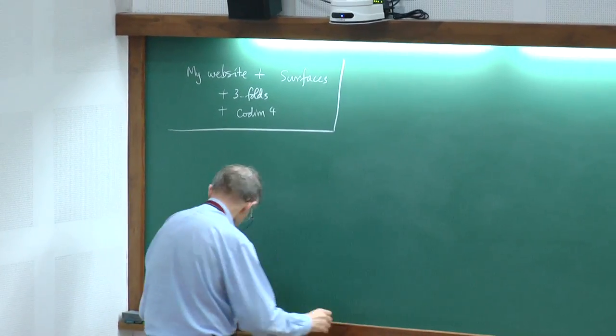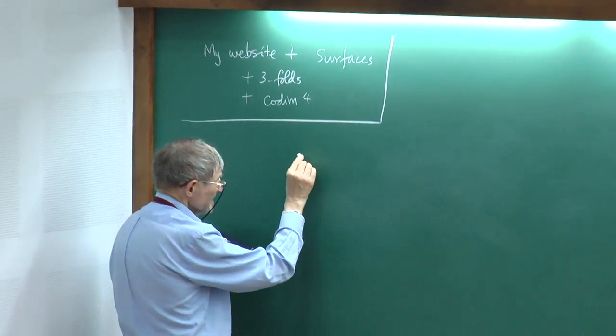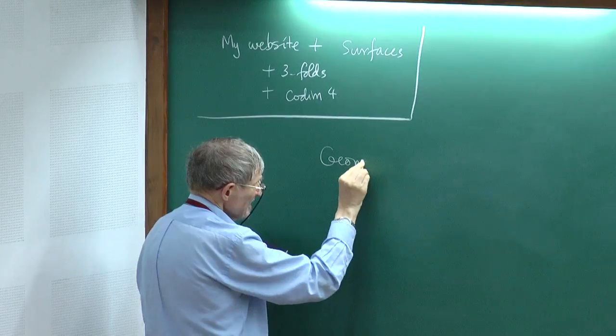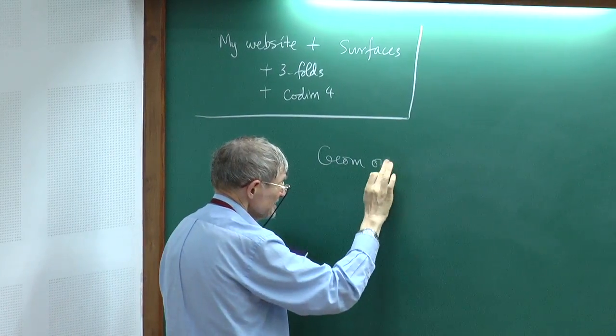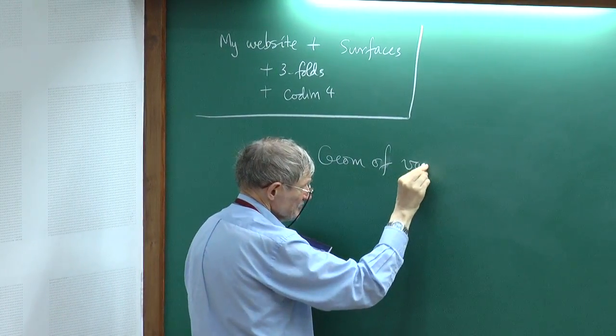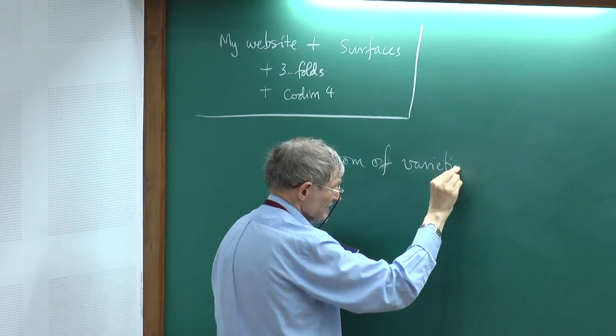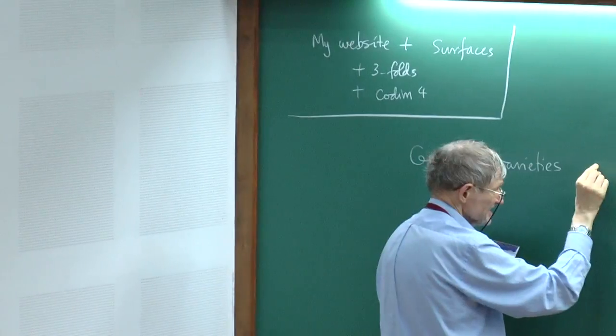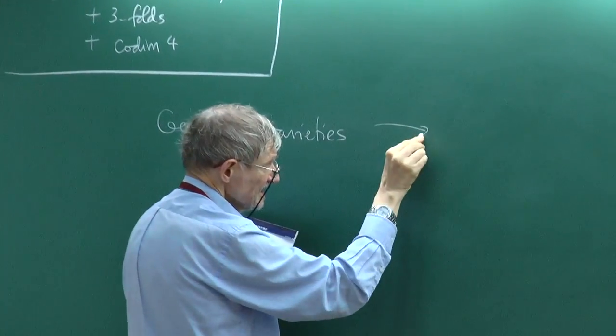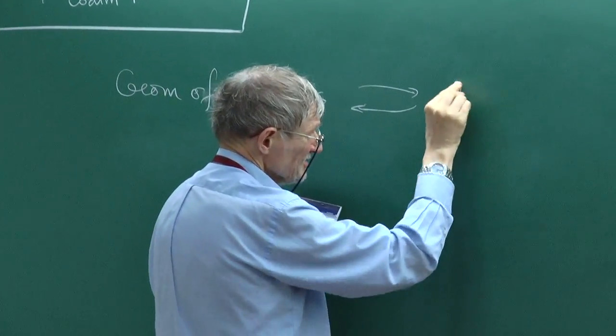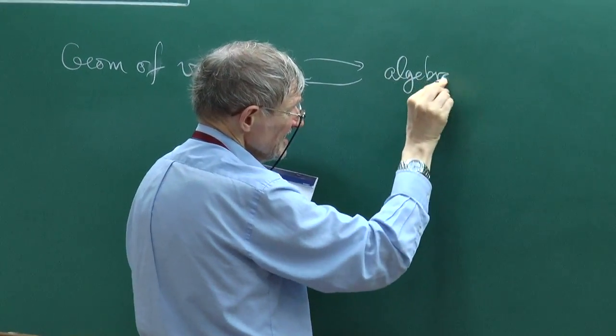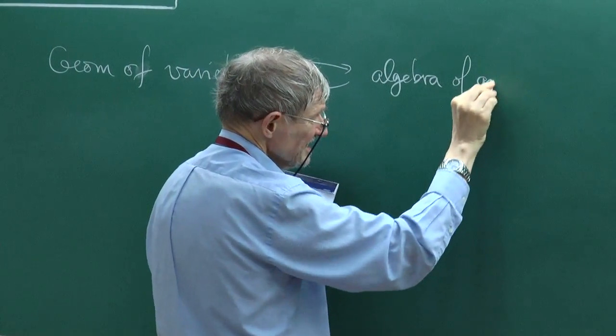So the thing I'm talking about is basically geometry of varieties, meaning mostly projective varieties, versus the algebra of graded rings.